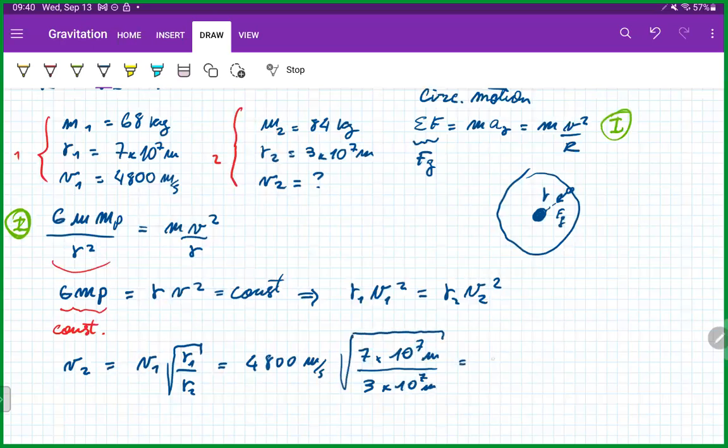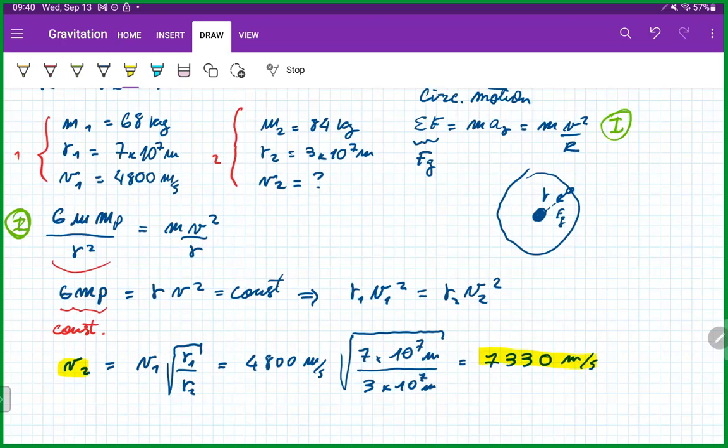And you finally get 7,330 meters per second. That's the velocity, the speed of the second satellite.